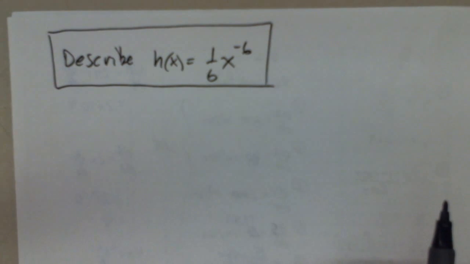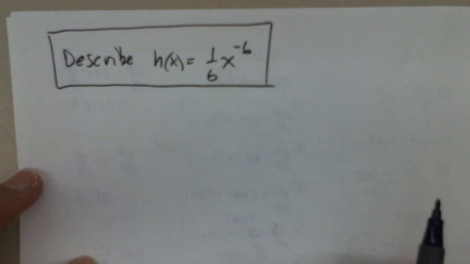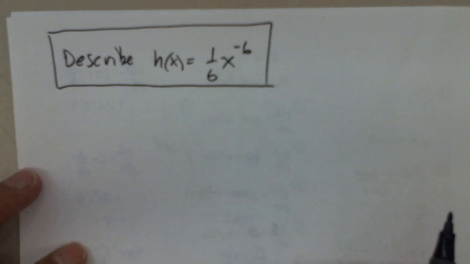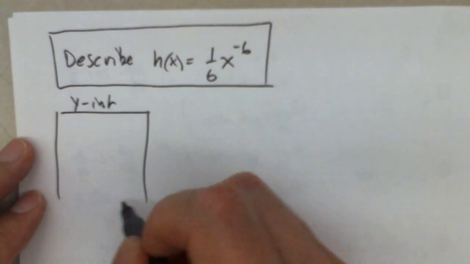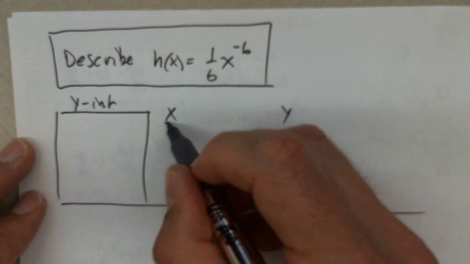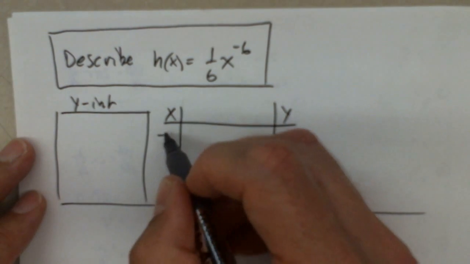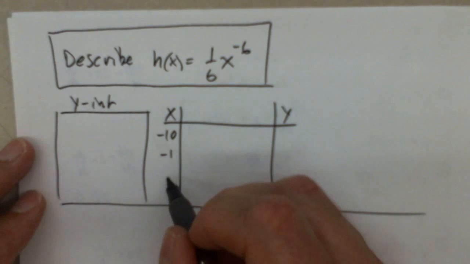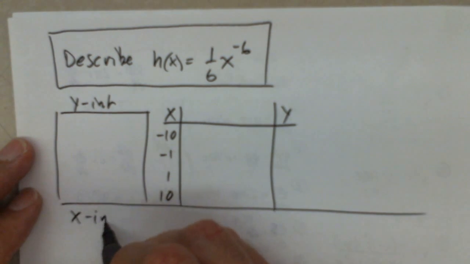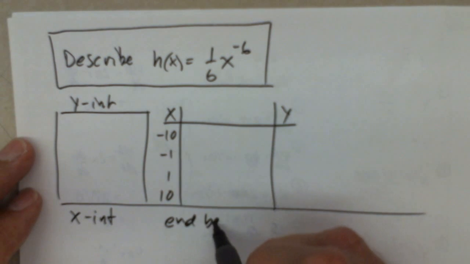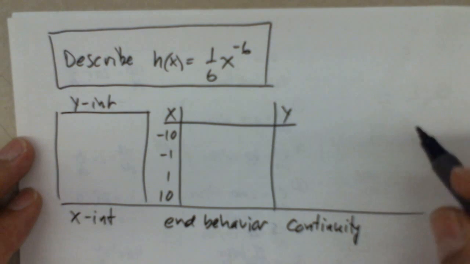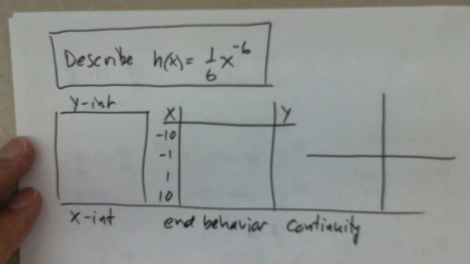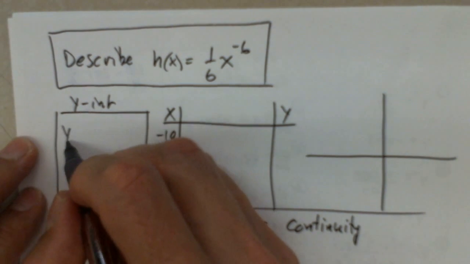Okay, try this one. And remember that negative exponent should be rewritten with x in the denominator. And then you won't make the mistake of forgetting about dividing by 0. Okay, pause. Try this one. Okay, y-intercept is when the x is 0.